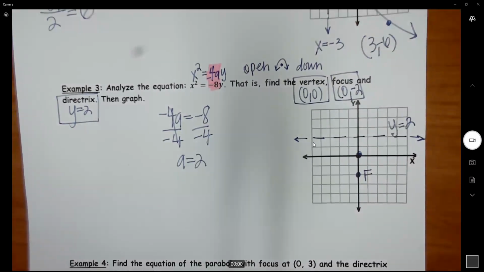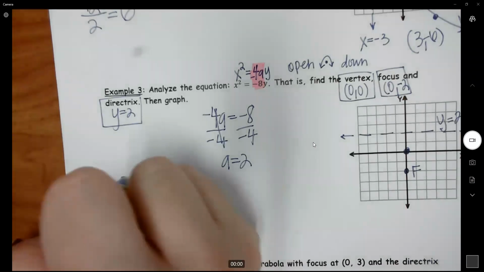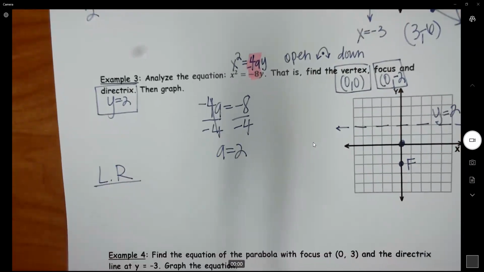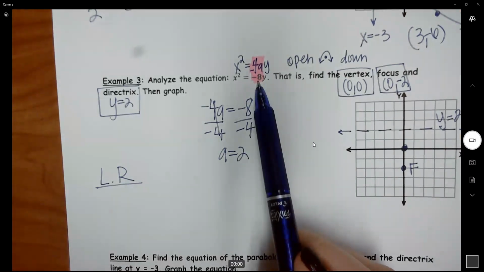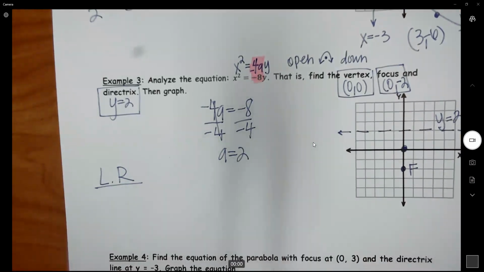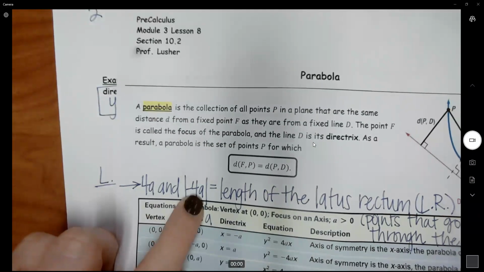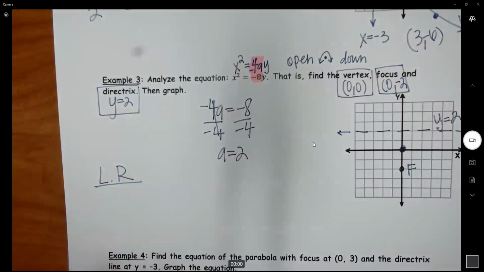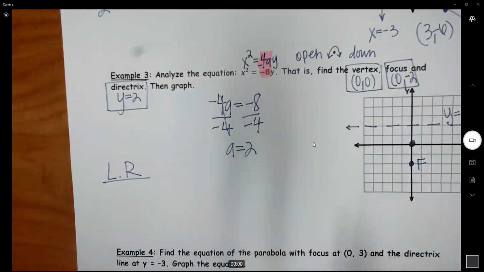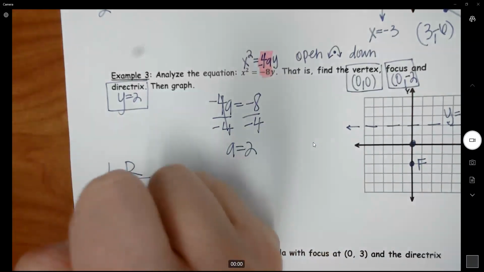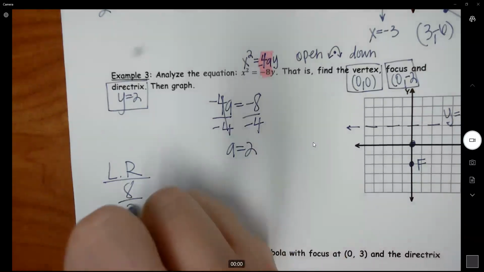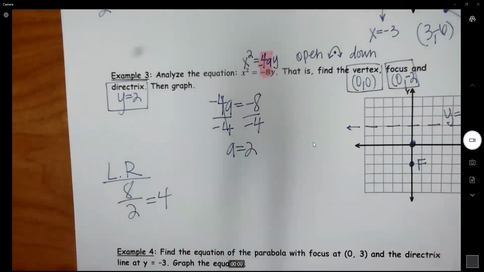So now let's graph, and we graph by making that latus rectum. The latus rectum is what's right out here in front. And remember, it doesn't matter what the sign is. It's either the 4a or the absolute value of negative 4a, which is still positive. So I don't care that it's negative 8. I'm just looking at that number 8. So 8 divided by 2 is 4.